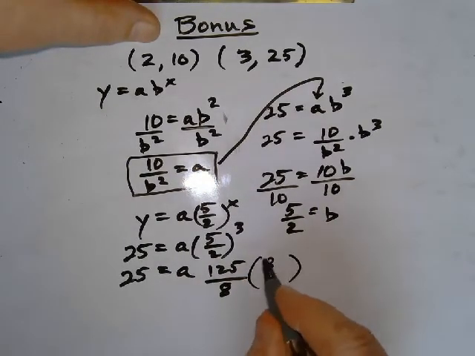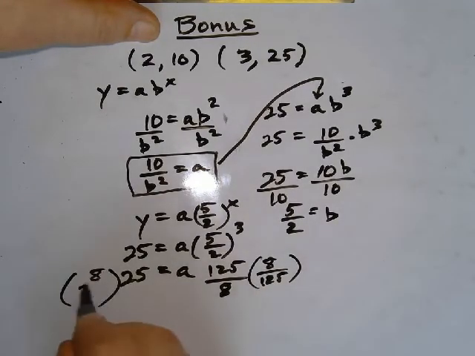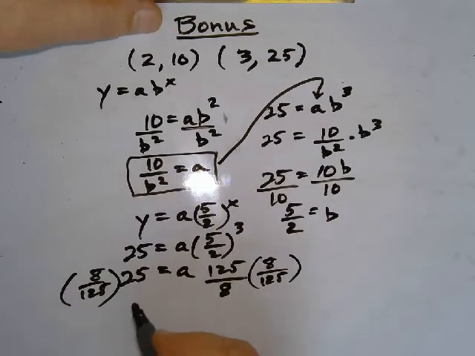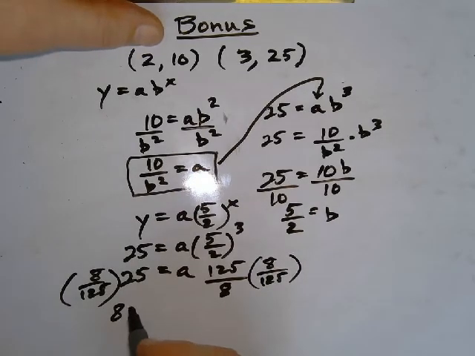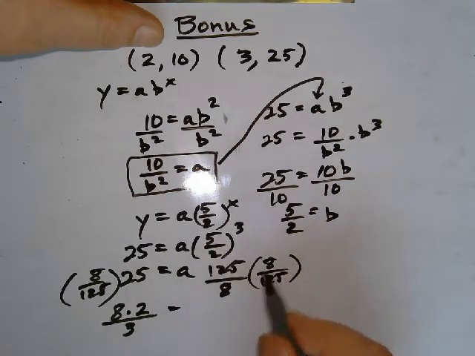Now if I multiply by the reciprocal, I get 8 times 25 over 125, which reduces. That reduces by 5. 25 goes in the top 5 times, 5 goes into the bottom 25 times... And over here, this is going out completely.